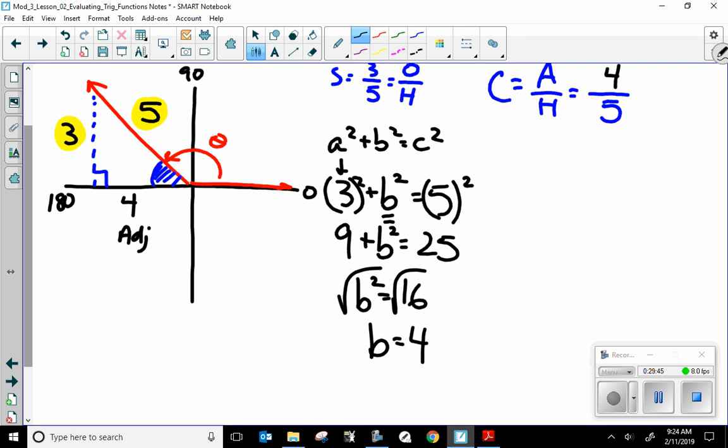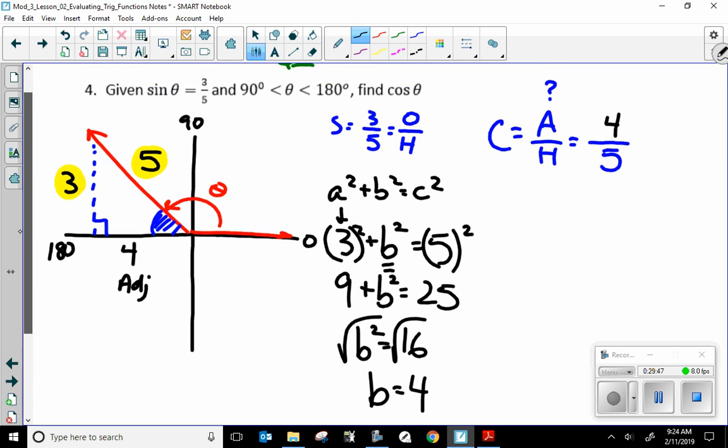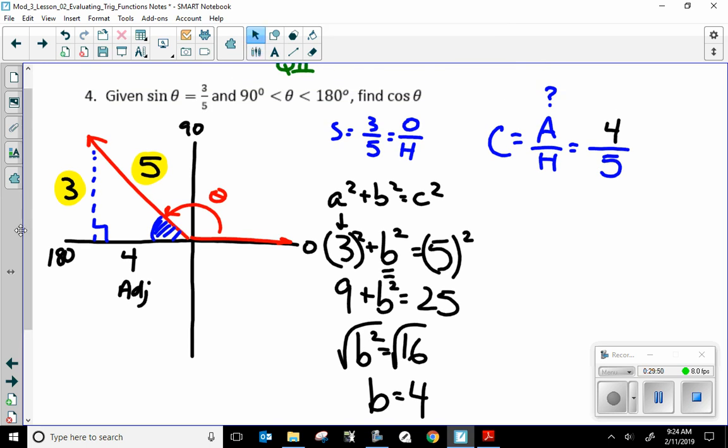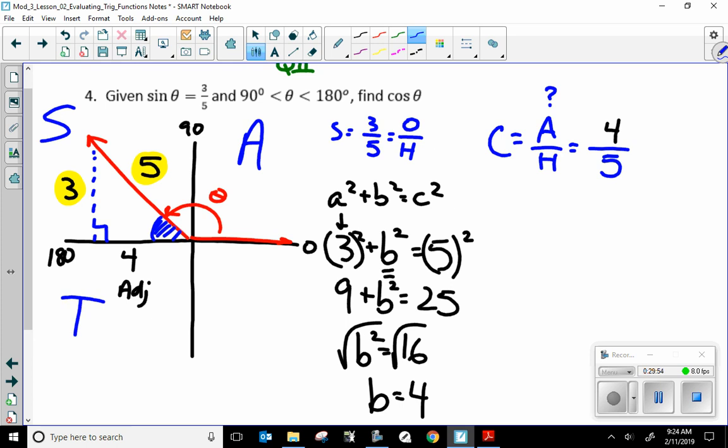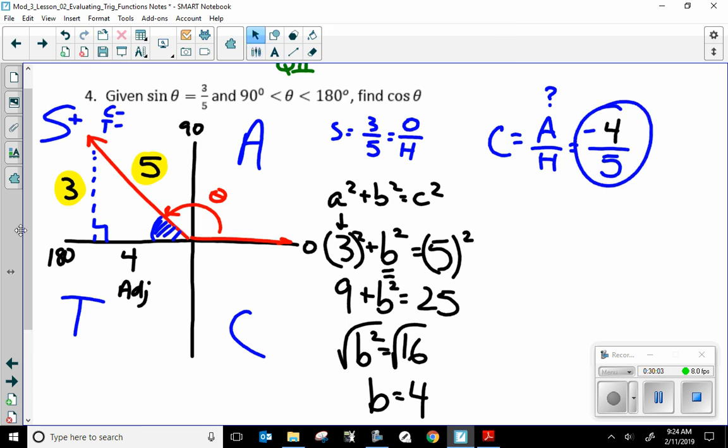Now, you cannot forget, is that a positive or a negative cosine? Oh, well, all students take calculus. Sine is positive. Cosine and tangent are negative. Cosine should be negative. All right? Booyah.